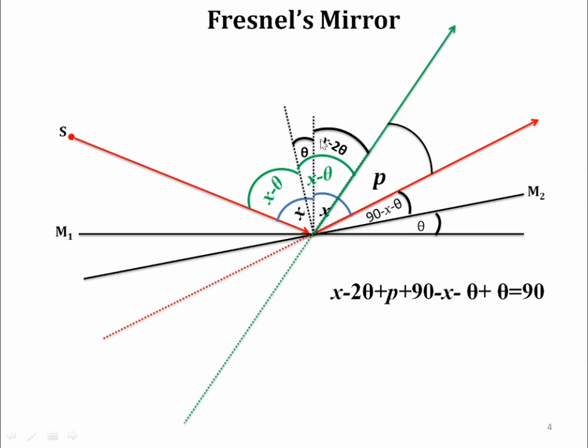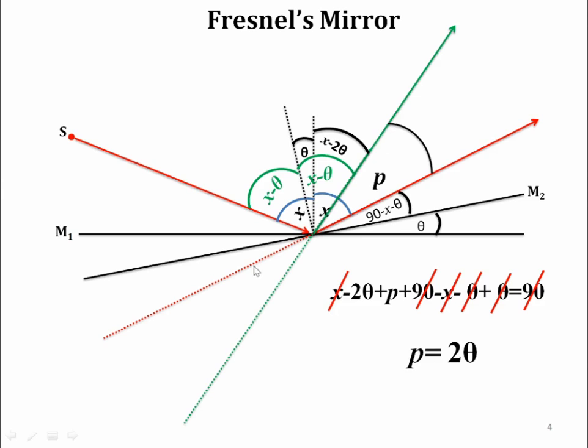So x minus 2 theta, plus P, plus 90 minus (x minus theta), plus theta, equals 90 degrees. Here the 90 cancels on both sides, theta cancels, x cancels. What we find finally is P is equal to 2 theta.